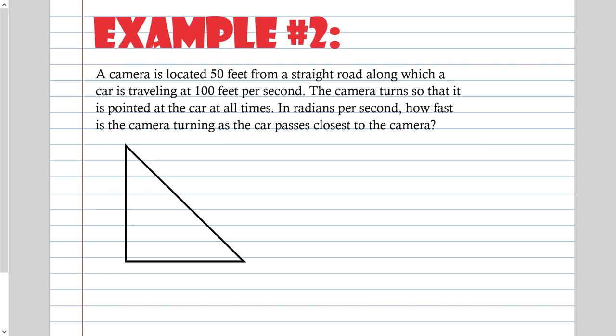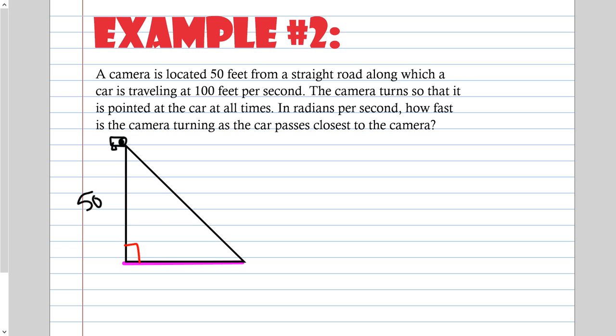So let's say that this is the road. Let me highlight. This is the road right here. And so the camera is located 50 feet from the road. So here's the camera. That's my camera, okay? So 50 feet from the road.